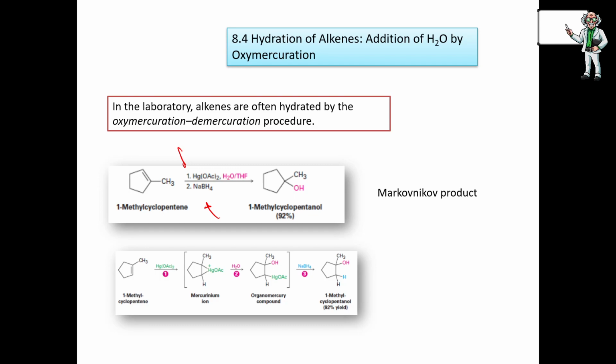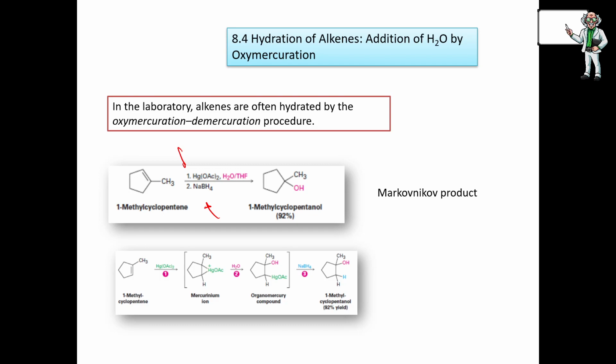Once we have this ion, the water attacks this three-membered ring, again opposite to where the mercury is, and will attack the most stable carbocation.